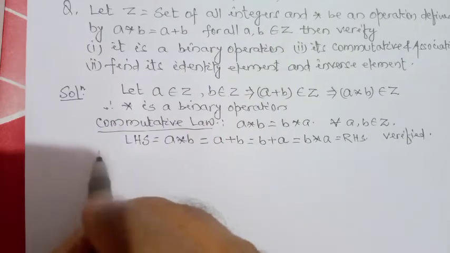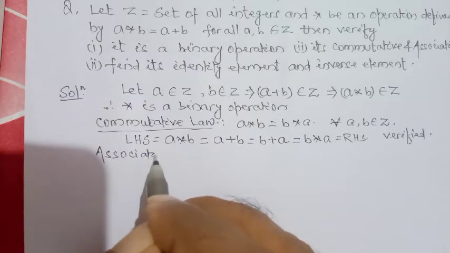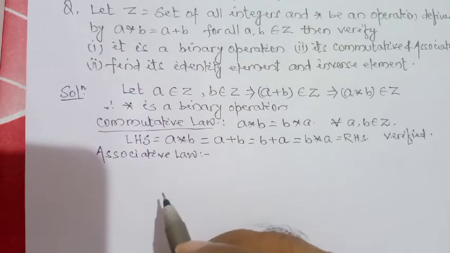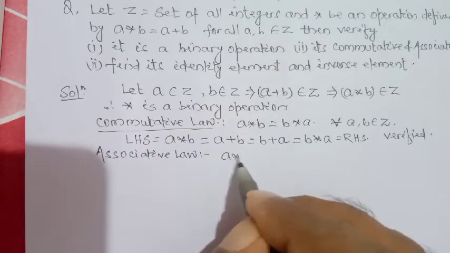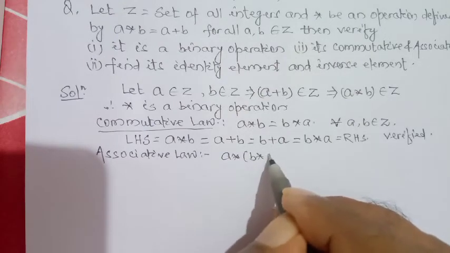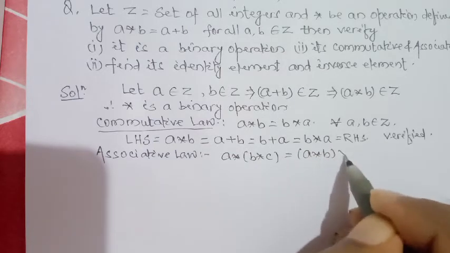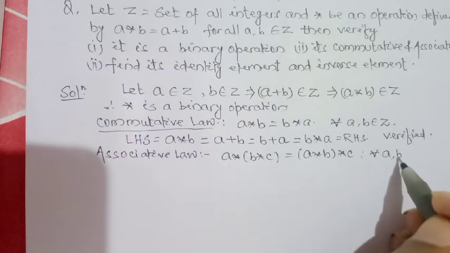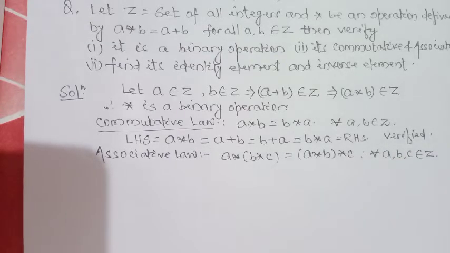The next one is associative law. And the associative law, children, you already know. Associative law is (a star b) star c is equal to a star (b star c) for all a, b, c belongs to Z, means for all a, b, c are integers.